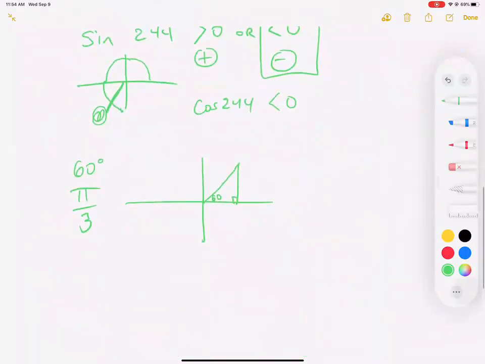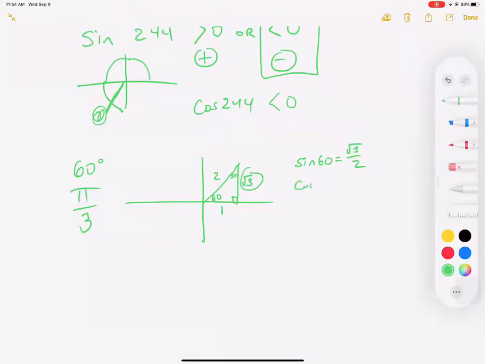Okay, so pi over 3, here we go. 60 degrees. Have we seen a 30-60-90 triangle before? Yes, we have. The sides are, short side is 1, 2, square root of 3. If I see this, I know the sine of 60 degrees is opposite over hypotenuse, which is square root of 3 over 2.